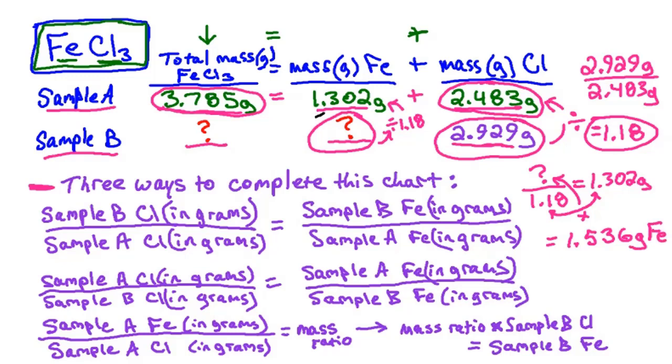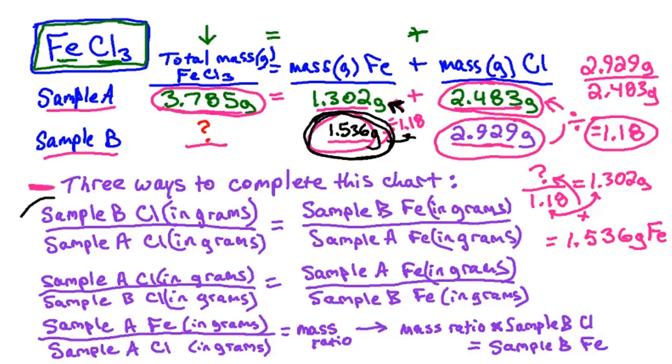So the answer here for sample B's mass of iron is going to be 1.536 grams. If you take that 1.536 grams and divide it by 1.18, you're going to get the mass in grams that already came with the table for sample A, the 1.302 grams.